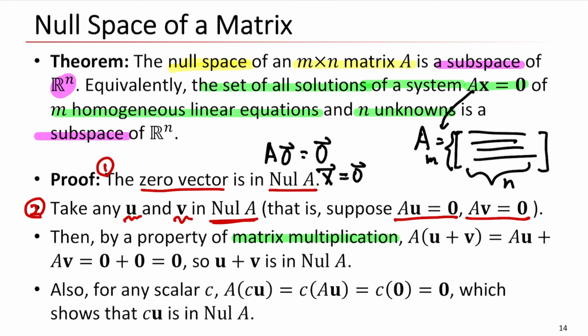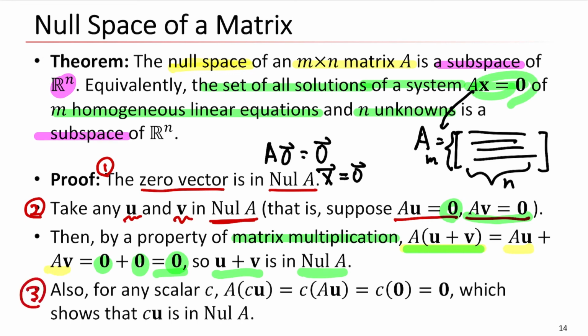Anyway, A times (u plus v) is going to be Au plus Av. What was Au? 0. What was Av? 0, from here. So 0 plus 0 is 0. It means that A times (u plus v) is 0. So u plus v is in the null space, right?